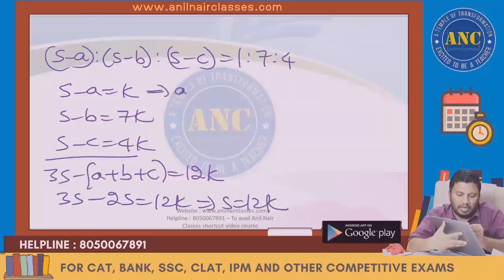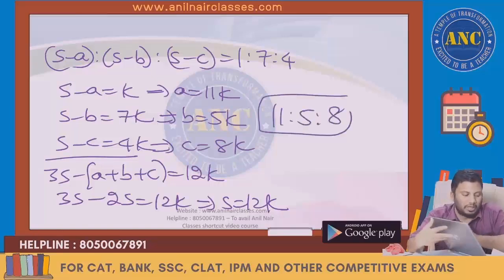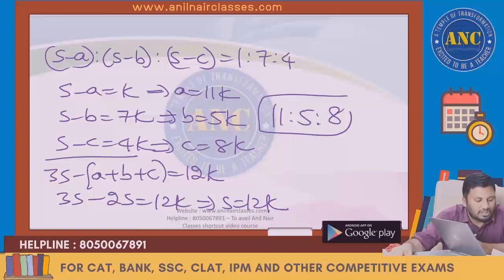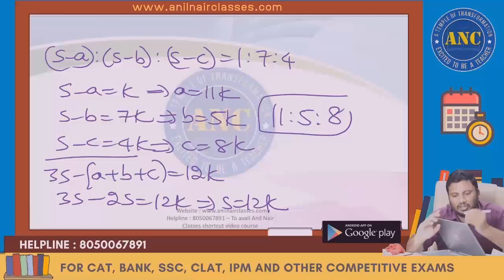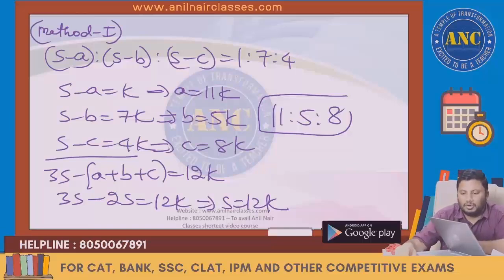A will become 11K. B will become 5K. C will become 8K. Answer is 11 is to 5 is to 8. I hope it is clear. This is a traditional method, Method 1. You don't need to have this method 1 understanding if you have the concepts very clear.